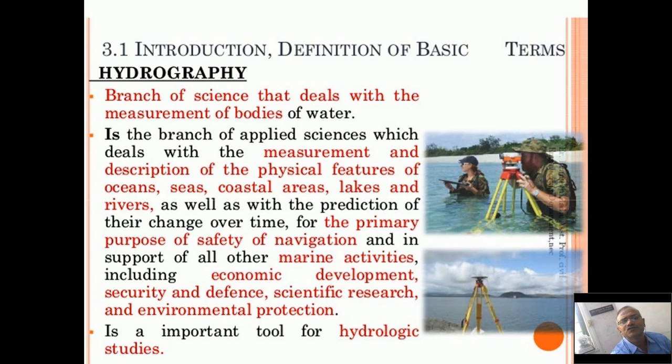You have to find out so that your journey will be safe. That means the navigation will be safe. From the safety point of view, when you are conducting this survey for the navigational purpose, then the hydrographic survey is conducted.